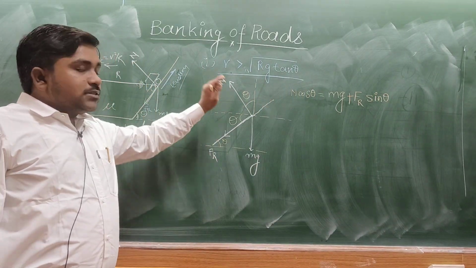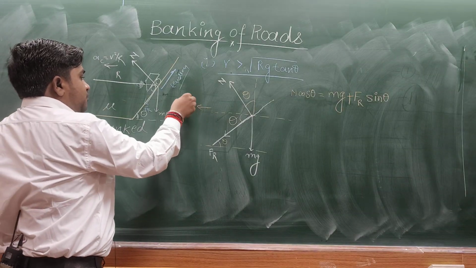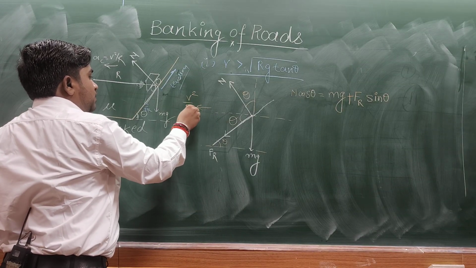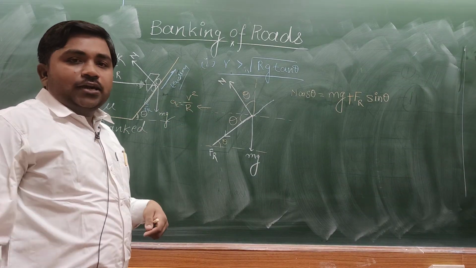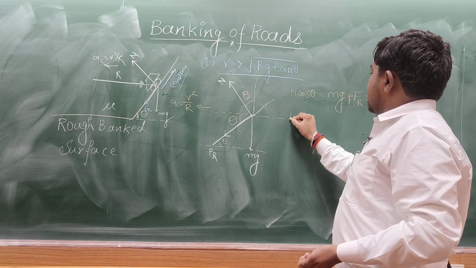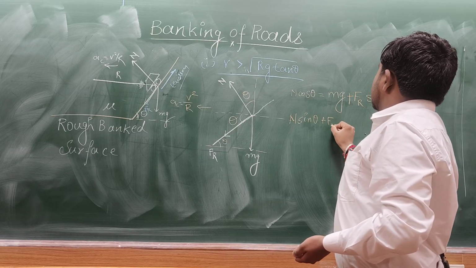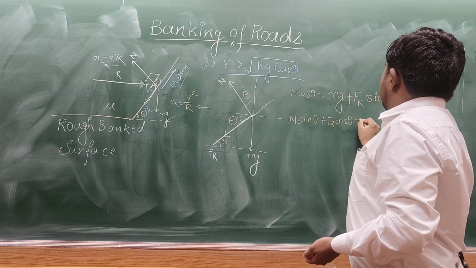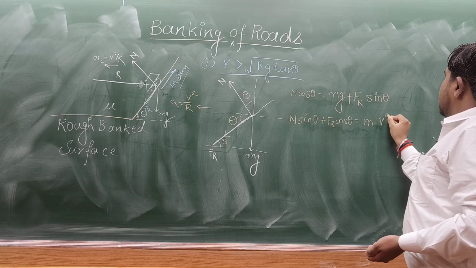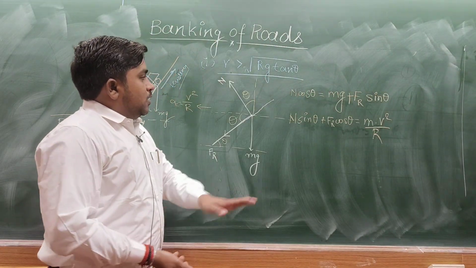This is the force balance in the vertical direction. Now horizontally, the net force will be equal to mass times acceleration, Newton's second law. What are the horizontal forces? That is N sin theta plus Fr cos theta, which will be equal to mass times centripetal acceleration.